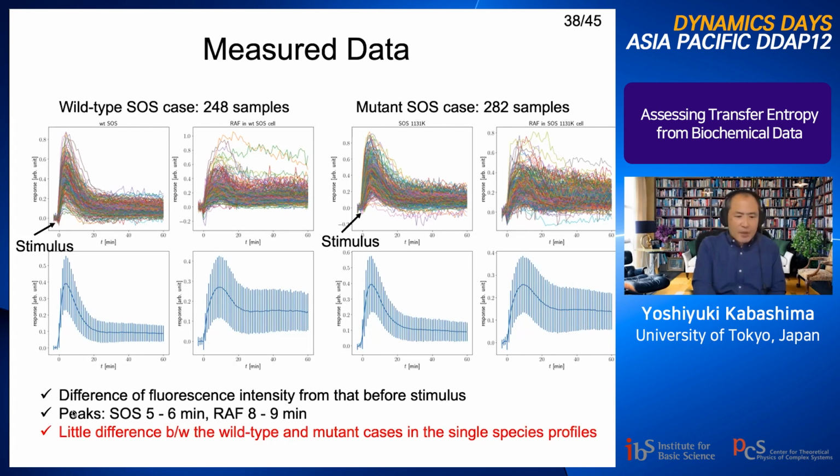So we can find the peaks of Src 5 to 6 minutes after stimulus, and for Raf 8 to 9 minutes. So there is a 3 minute difference. But between the wild type and the mutant cases, we can find only a little difference in these single-species profiles, right?